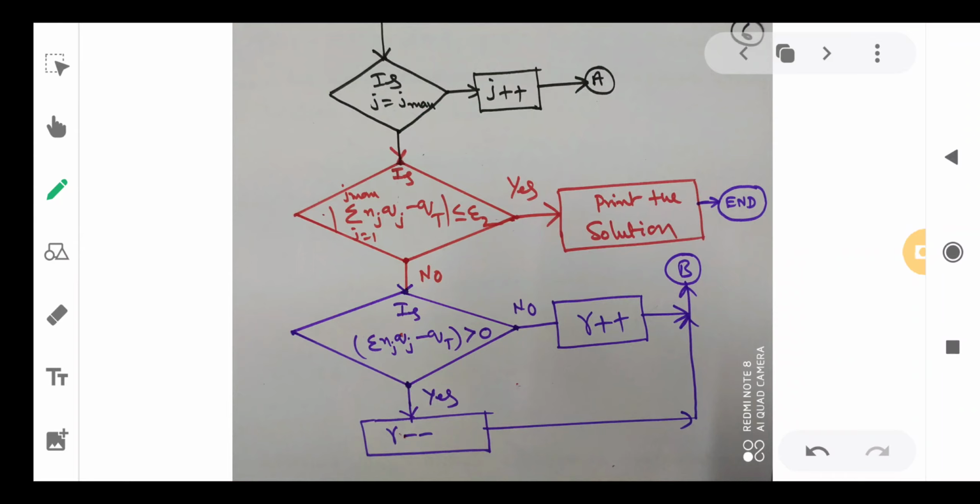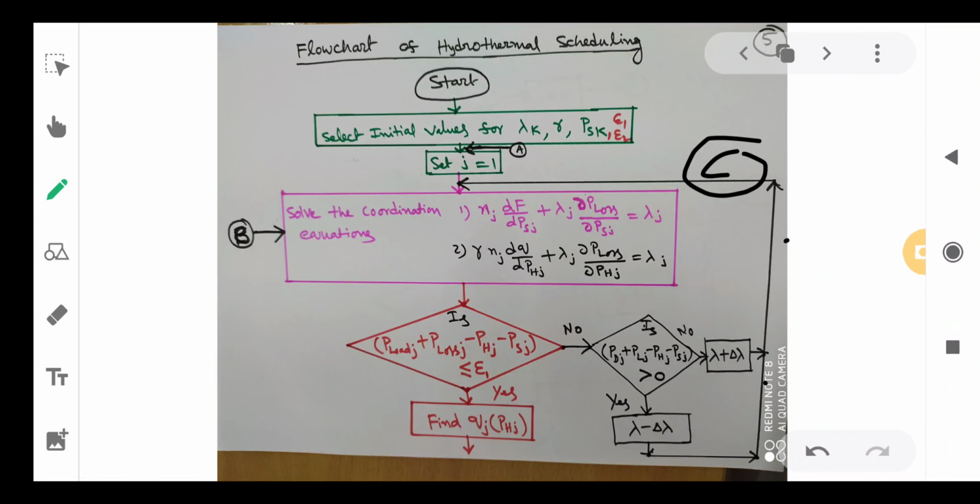If it is yes, go to the next step. If it is no, j is equal to j plus plus and go to A. This is the point A.